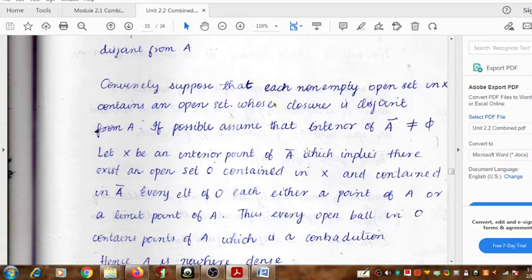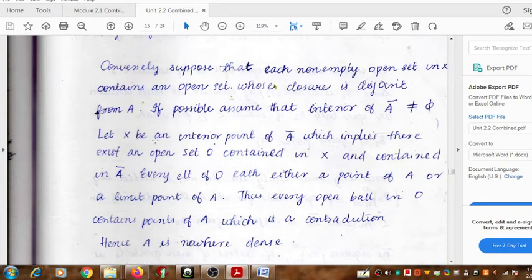So let x be an interior point of the closure of A. If x is a member of the interior of the closure of A, that means there exists an open set O contained in the metric space X, and moreover that open set contains the small x.